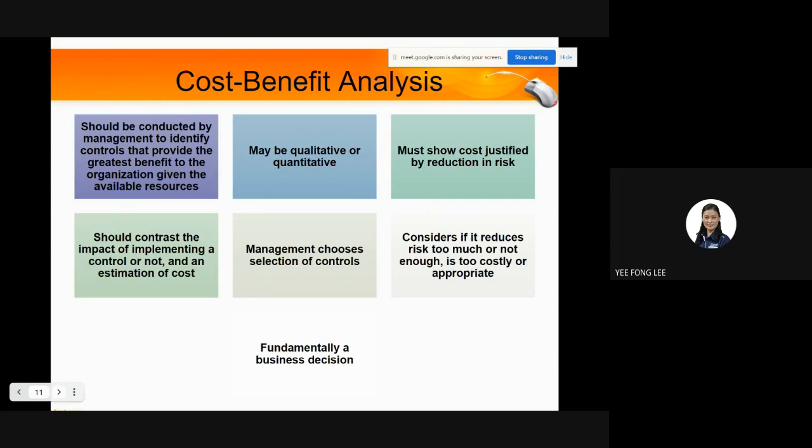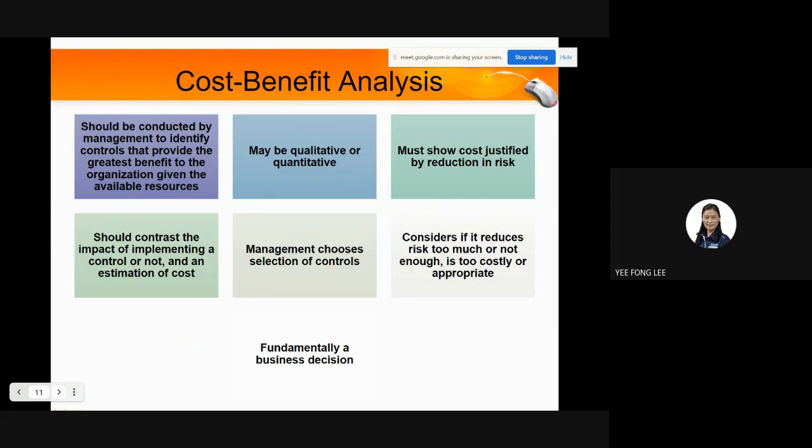All right, so it also needs to be assessed: what is the implementation cost? After that, what are the benefits? What is the benefit of applying a new or enhanced control to the system, data, and information in the organization?